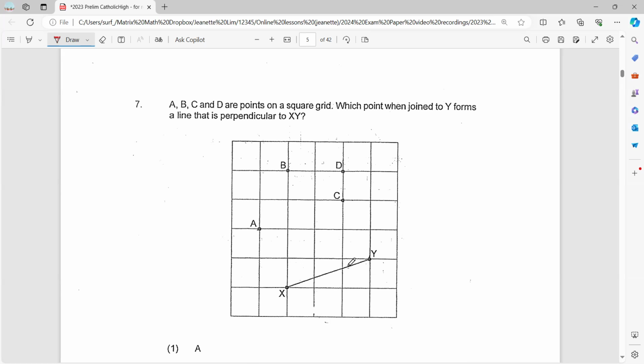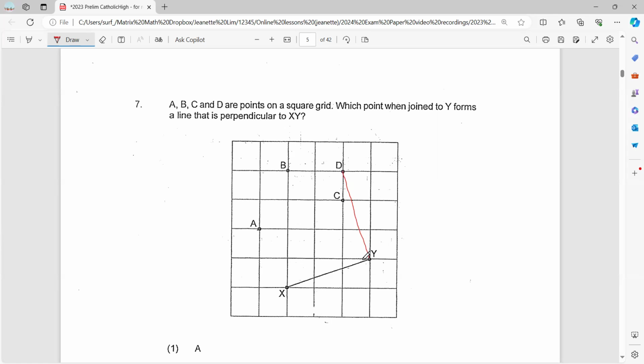Okay, when I say cut across 3 squares, I mean like nicely sitting in a corner. The next time it sits nicely in a corner is 3 squares away. But if I were to connect to B, it sits nicely in a corner just 1 square away. Okay, it just cuts across diagonally like that. But no, it must cut across 3 squares, then it sits nicely in a corner. So it's actually Y to D. Use a ruler.